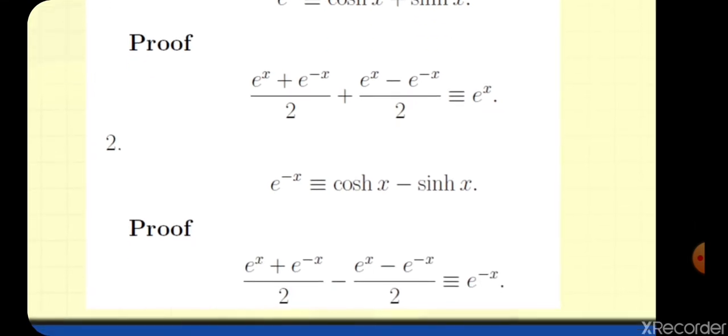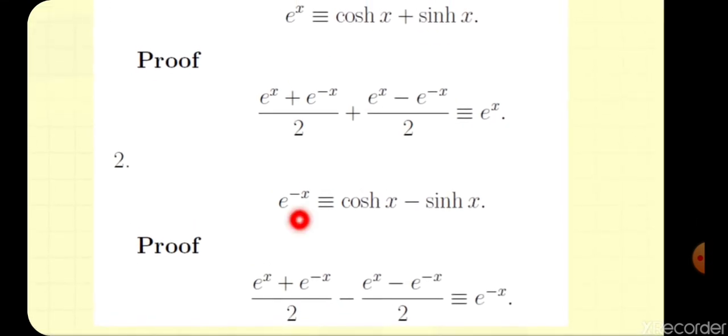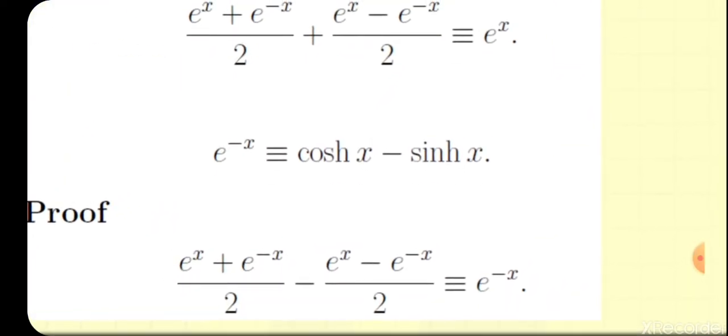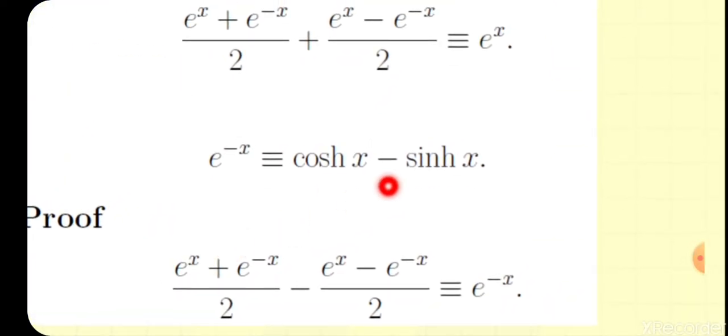Another example, prove that e to the power negative x equals hyperbolic cosine x minus hyperbolic sine x. Just direct substitution here. This is the rule of the hyperbolic cosine, and this is the rule of the hyperbolic sine. Take 2 as a common denominator.